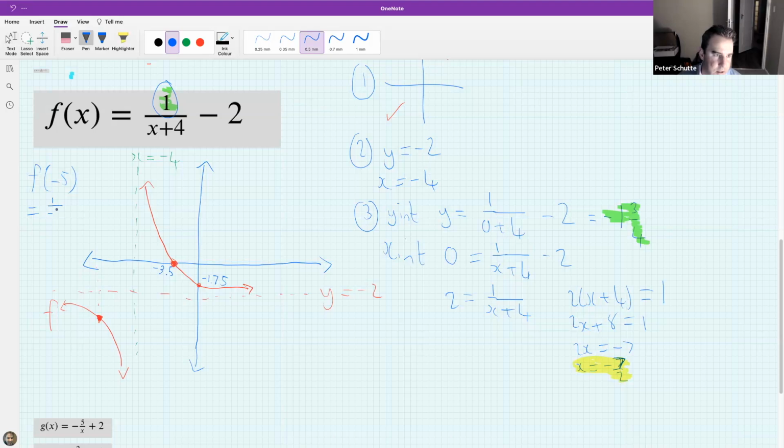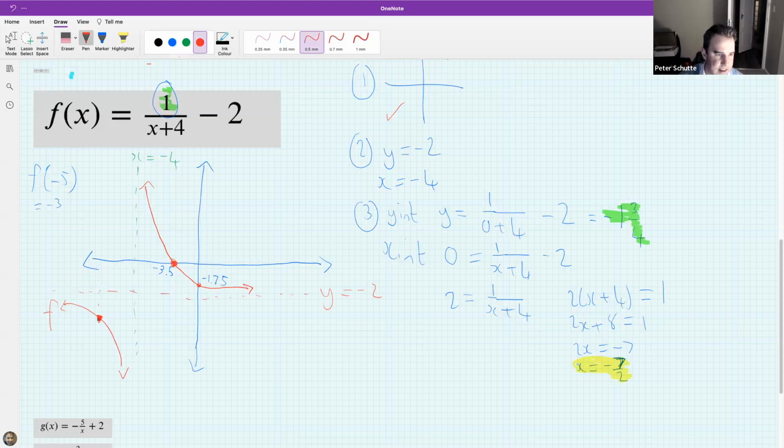Well, that would just be the same as doing this, which would basically give you minus 3. So this would indeed be minus 3.